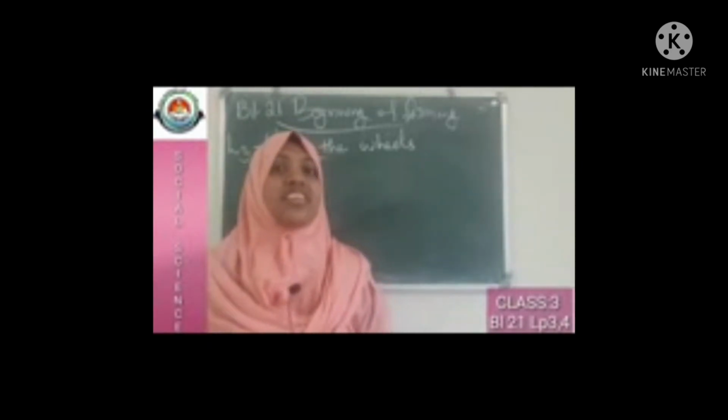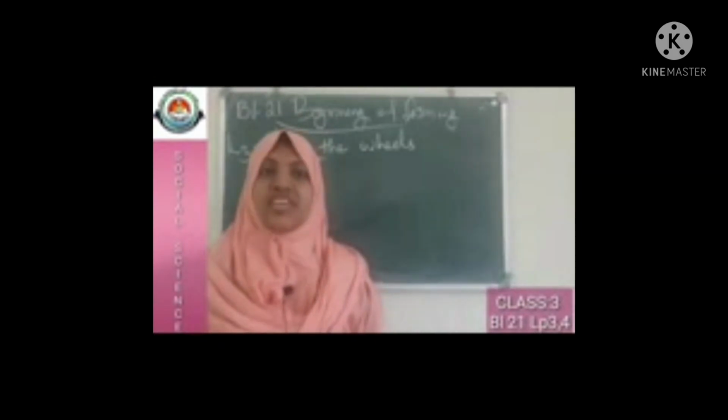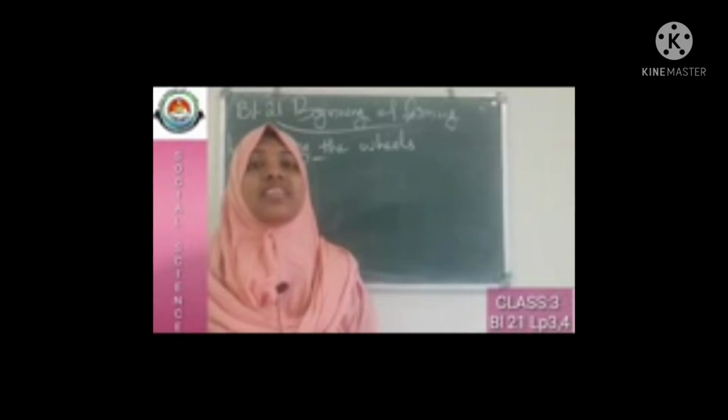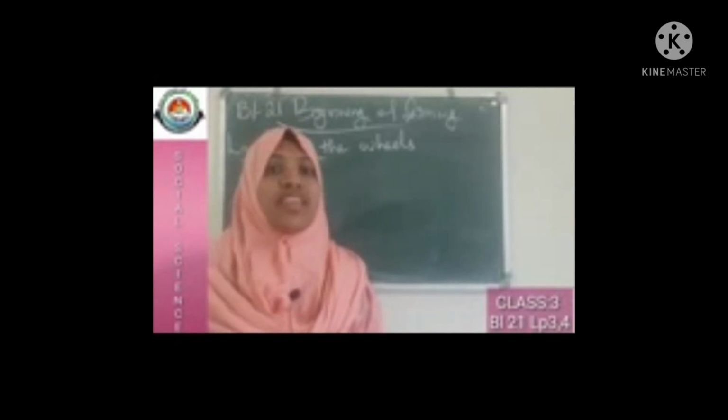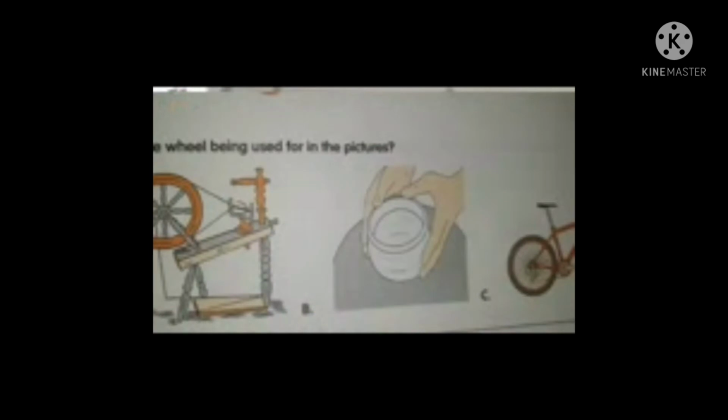Children, wheels played an important role in humans' life. So in today's class we will learn how the wheels helped early humans' life. Children, look at the picture from your workbook S3. What were the pictures about?